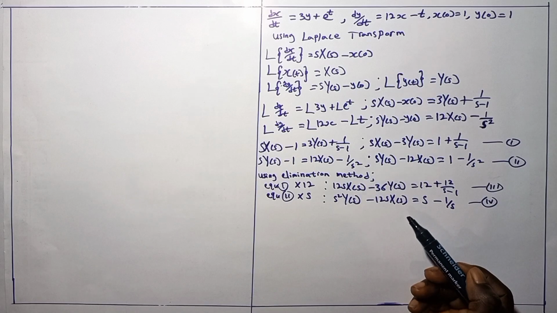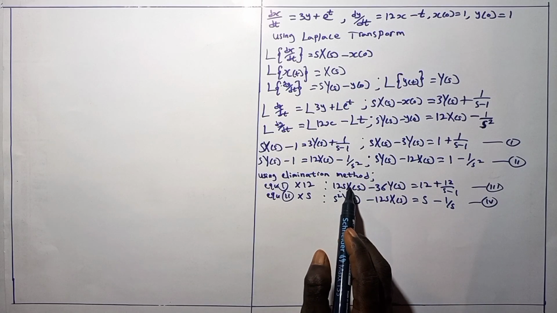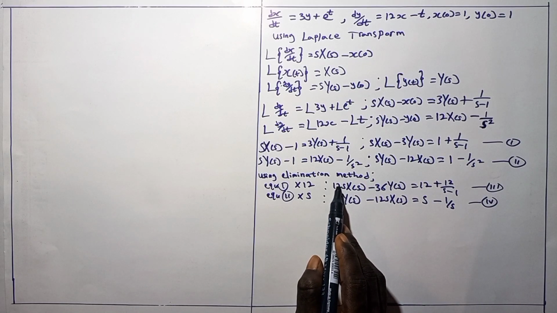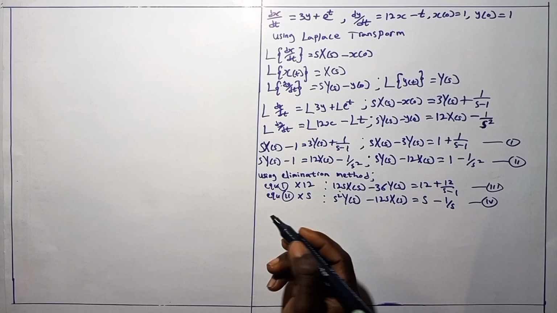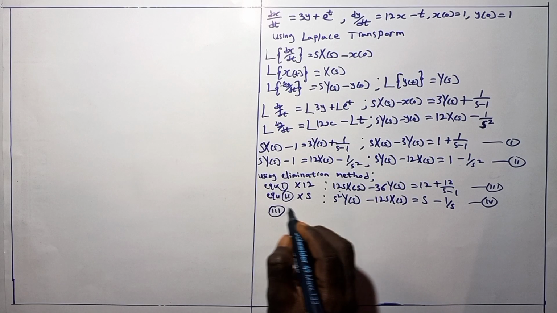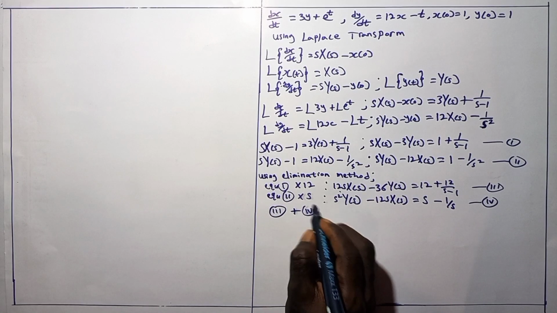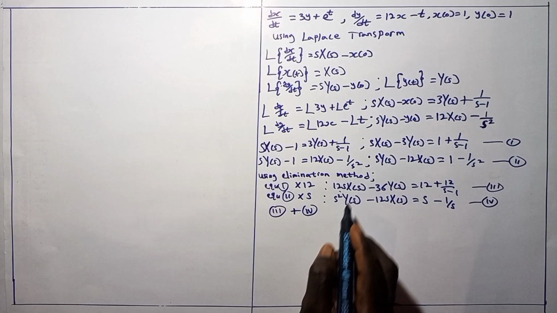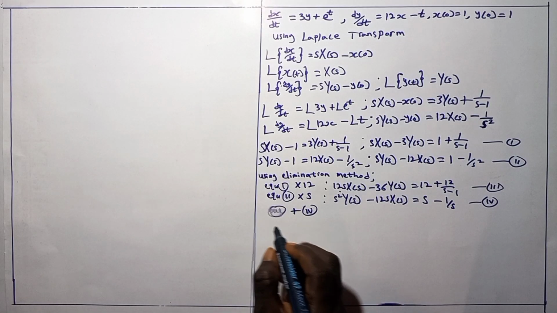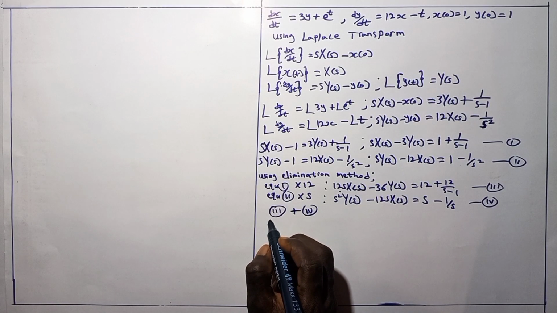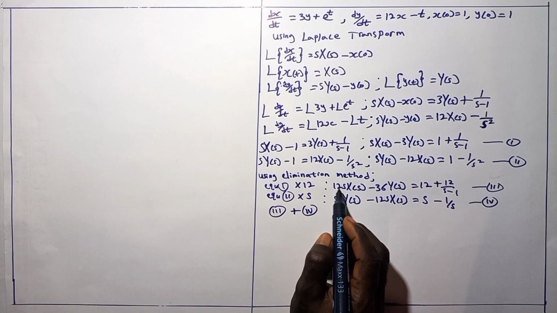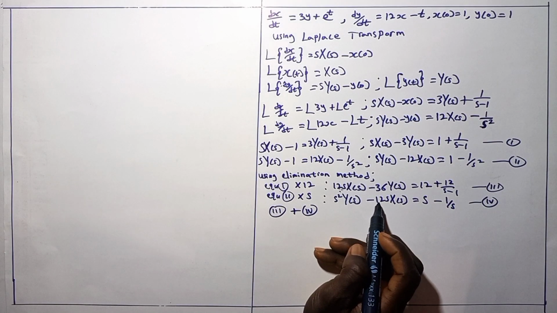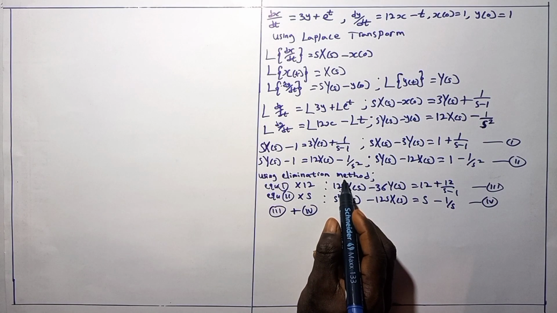So see that now we can eliminate when we add equation 3 and 4. Add equation 3 plus equation 4. We're going to get 12s, they are both the same with opposite signs, so they strike out.